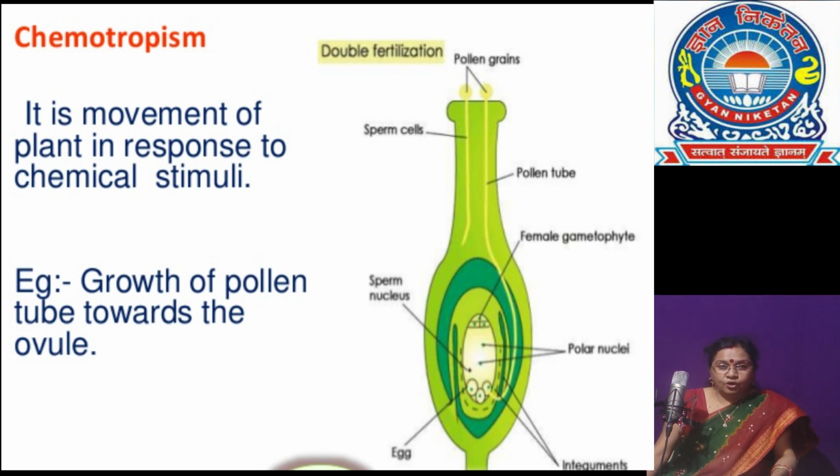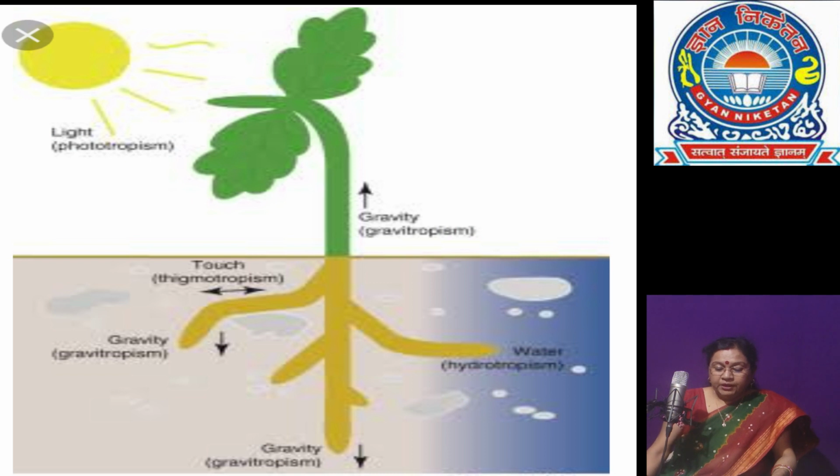This is called chemotropism. Fourth type is hydrotropism. Hydrotropism, the movement of the plant roots in search of water in the soil, is called hydrotropism.